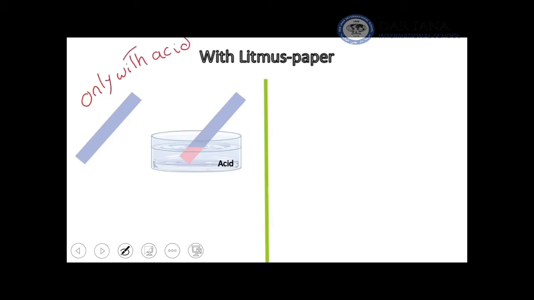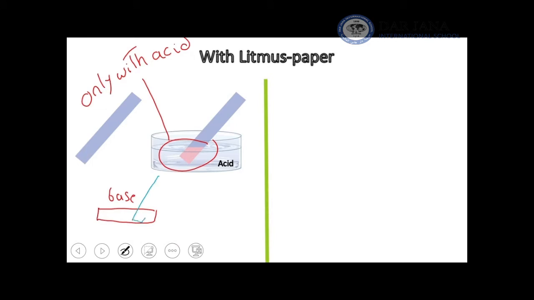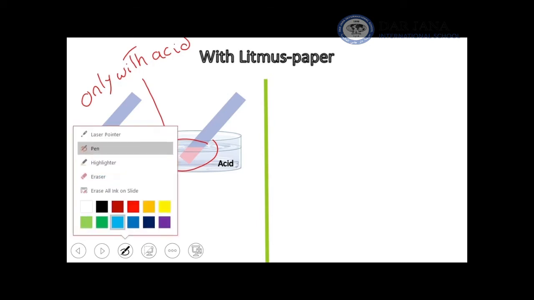So it will change its color to red, but only with acids. If you dip it in a base solution, it will retain its color. Nothing will happen. Okay? Or of course with a neutral solution, because indicators don't react with neutral substances.